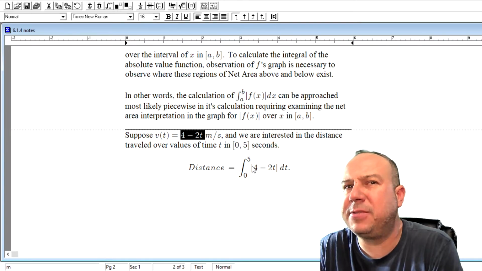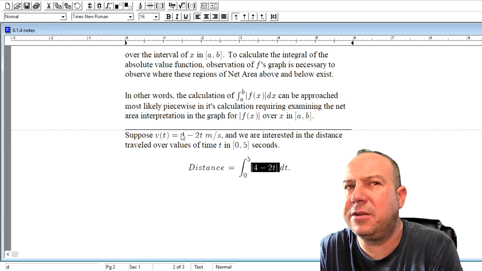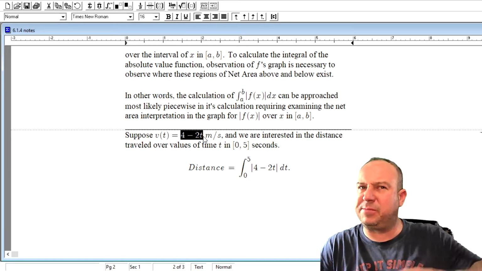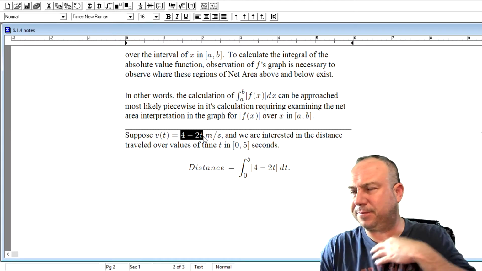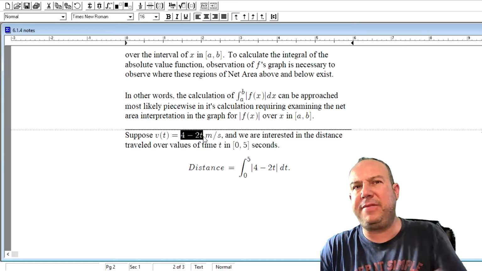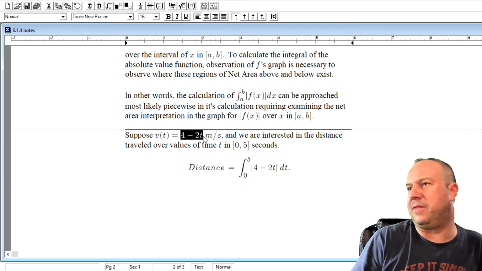Well, what the absolute value of 4 minus 2t looks like is a lot like this, except anywhere 4 minus 2t dips below the x-axis, that region is going to be revolved and reflected above the x-axis with the use of the absolute value symbol.